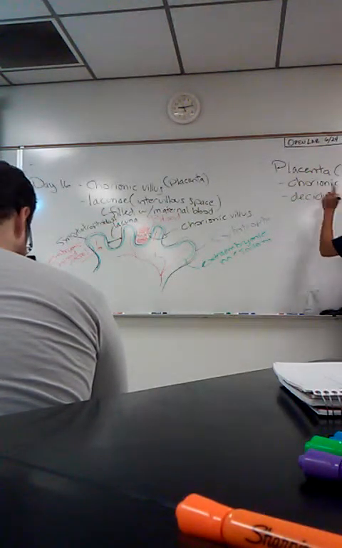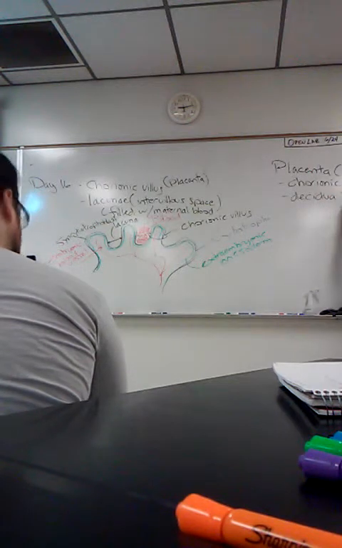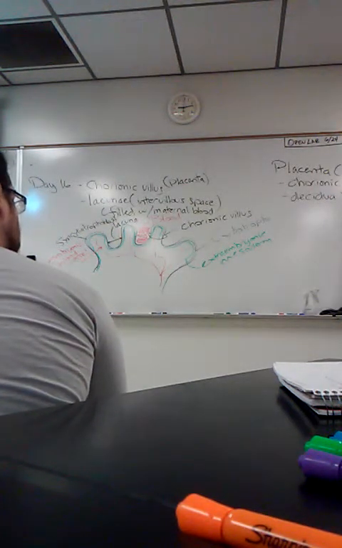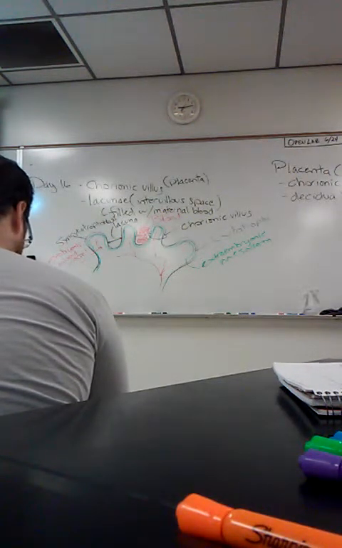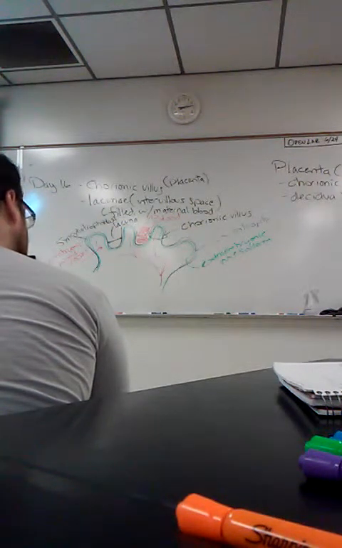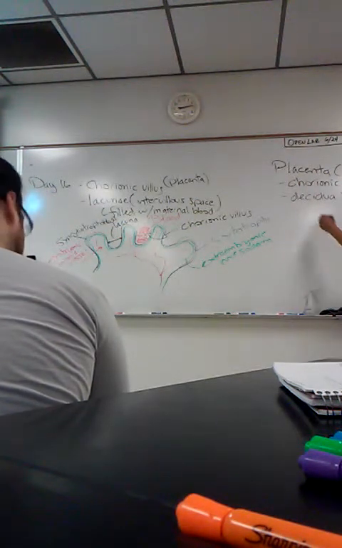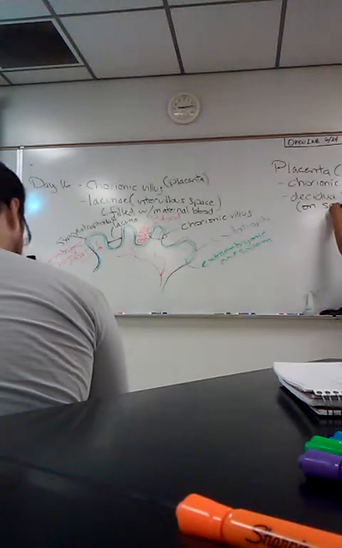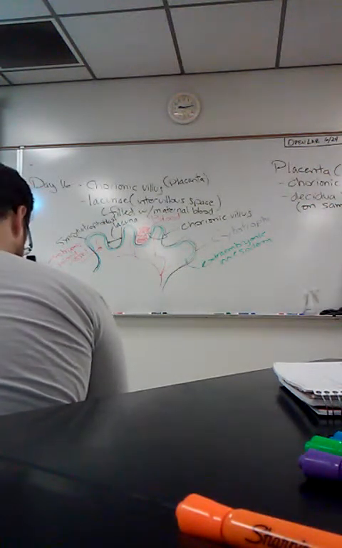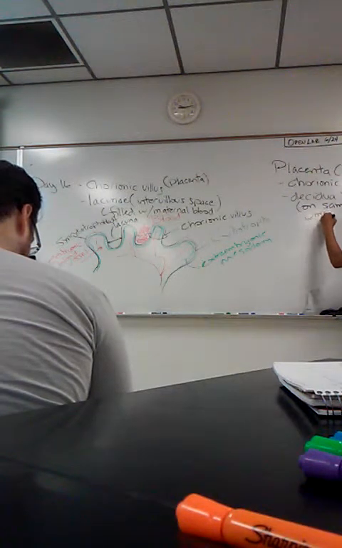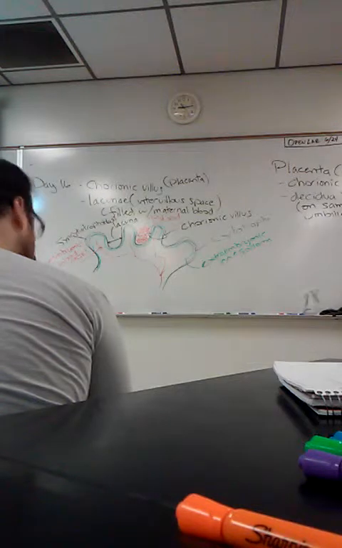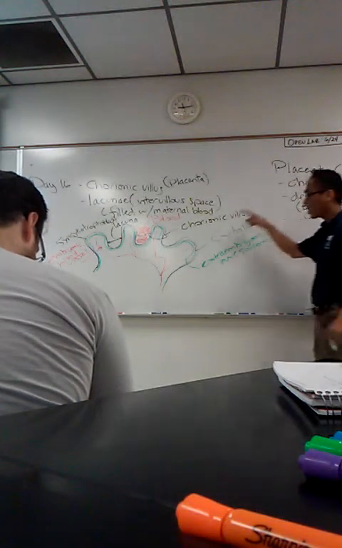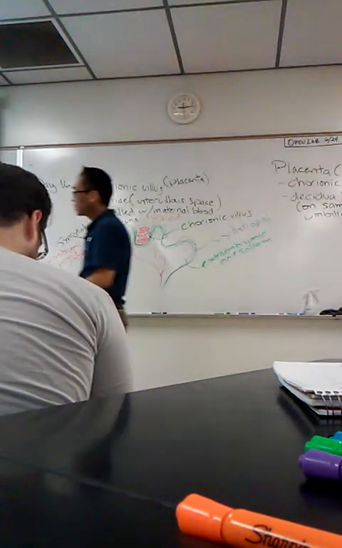Decidua. Remember, there's 3 deciduas. Decidua basalis, the part of the endometrium that's underneath the embryo, because the part that's underneath the embryo is on the same side as the umbilical cord. So we described chorionic villi, we know what that looks like.